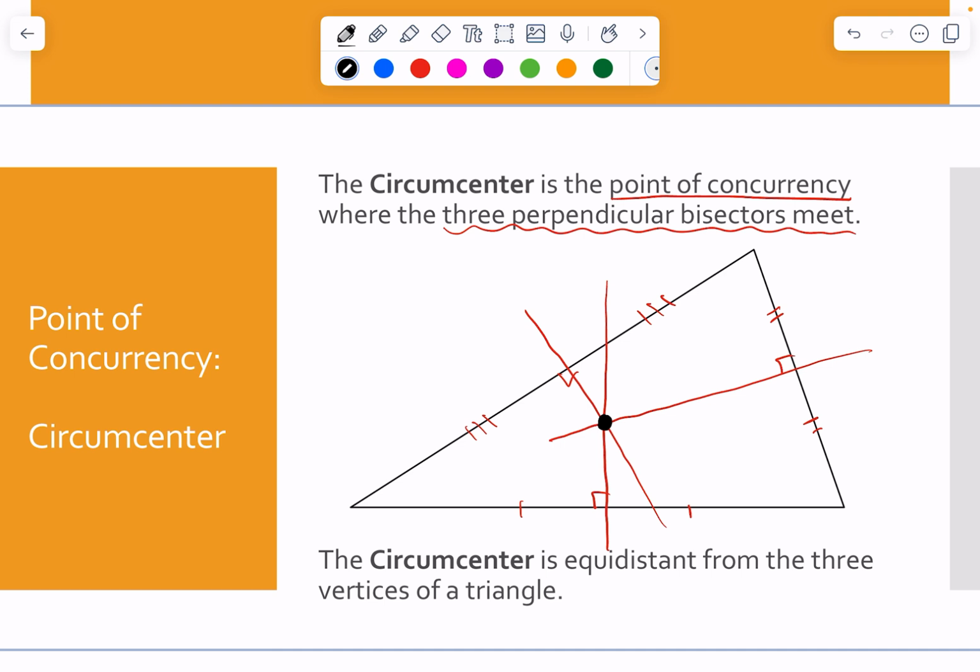Now, I'm going to try to erase a little bit, if I can, and just draw it straight to that circumcenter, just so you see the smaller portion of that.